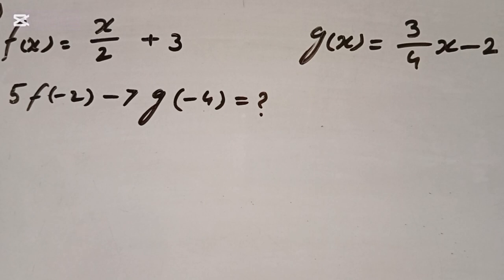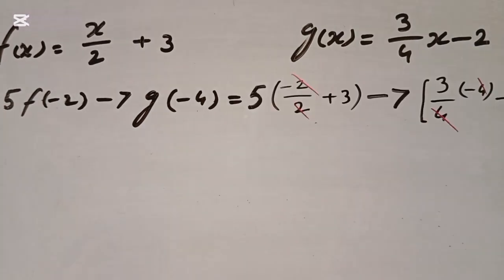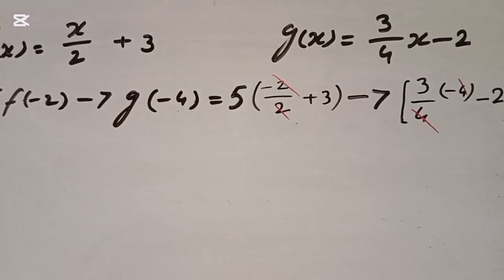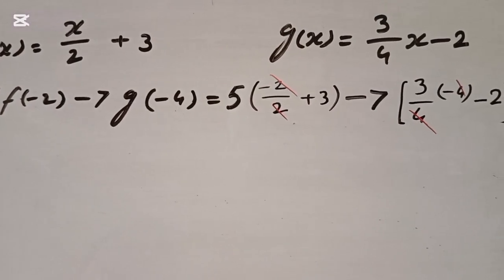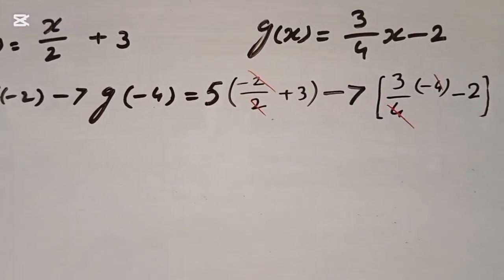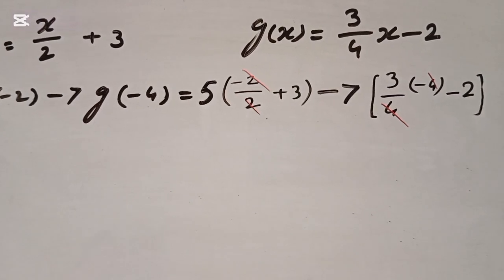Do part 2 and part 3 in the same way how you have done part 1. Now I am doing part 4. Here we have to calculate 5f(minus 2) minus 7g(minus 4). I have put the values in f(x), instead of x putting minus 2, and in g(x) instead of x putting minus 4, solving it accordingly.